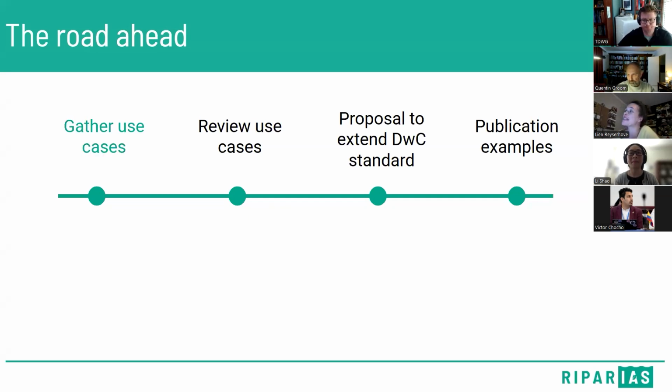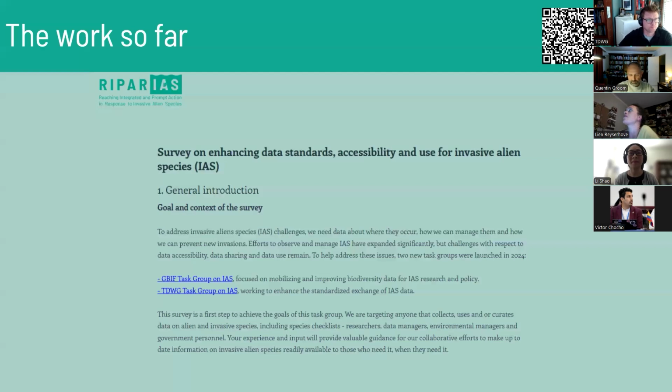And especially the reason is that we are working with a survey. We wanted to know first who manages the data, who has occurrence data, who has invasive alien species records, and we decided also to team up with the GBIF task group on invasive alien species.